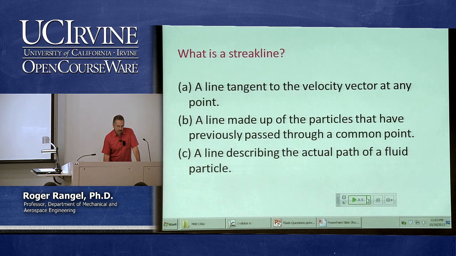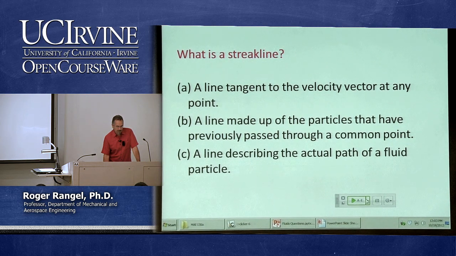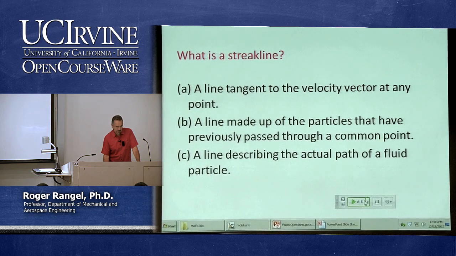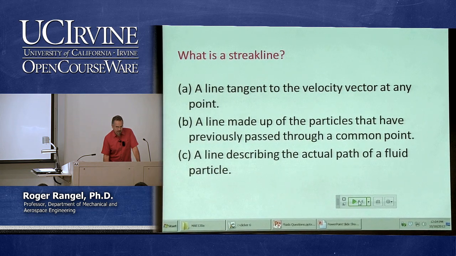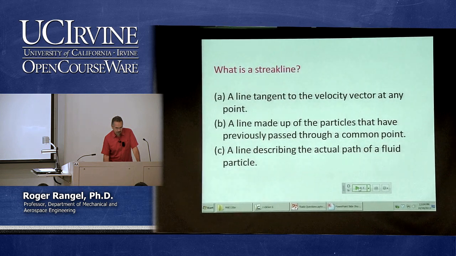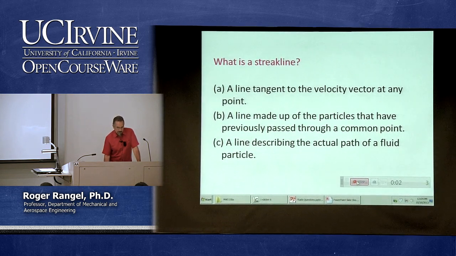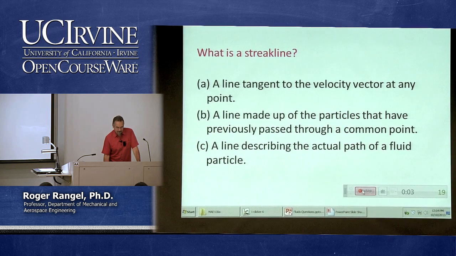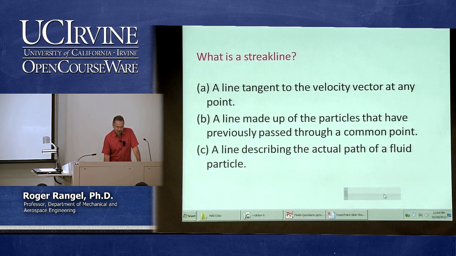All right, so is it a line tangent to the velocity vector at any point? Or is it a line made up of particles that have previously passed through a common point? Or is it a line describing the actual path of a fluid particle? Oops, that's a mistake. Don't answer again.